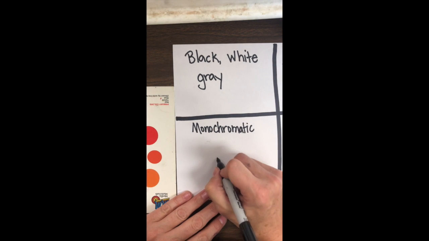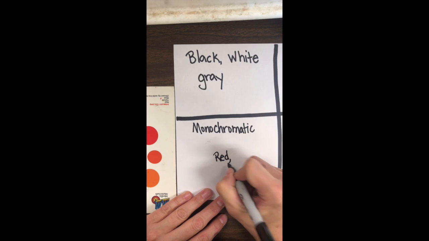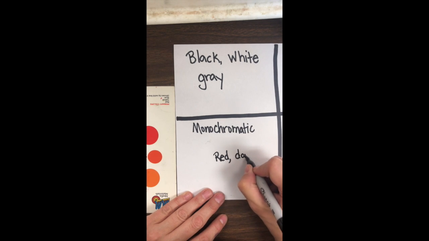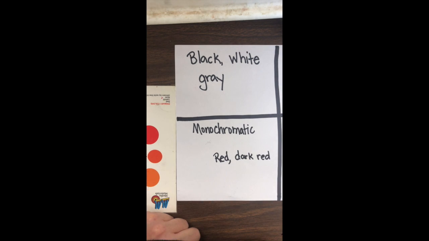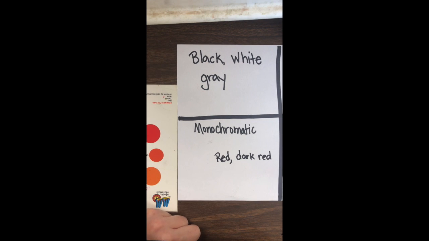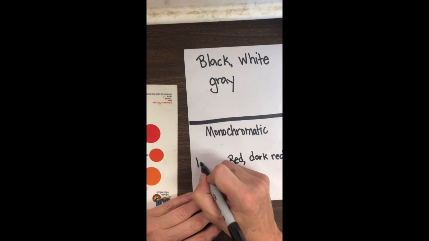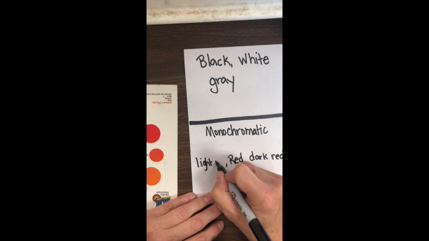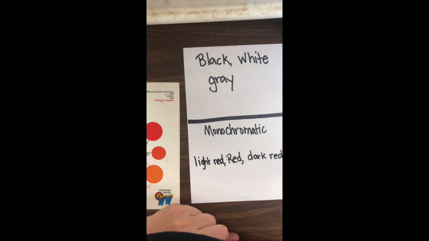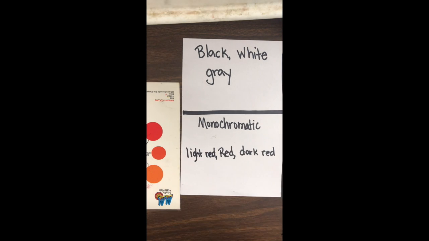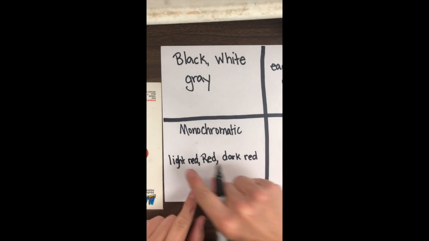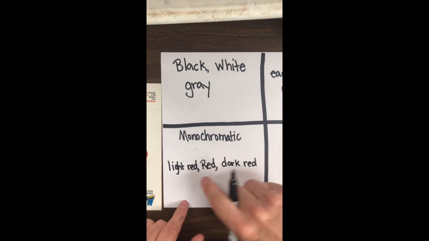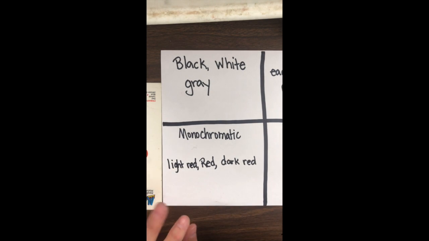So I am going to pick red, and then I'm going to do dark red, which is burgundy, maroon, purple reddish, and I'm also going to do light red, which are your pinks. So monochromatic is one color with their tints and shades. So light red, red, and dark red. So pink, red, and burgundy are the colors that I picked.